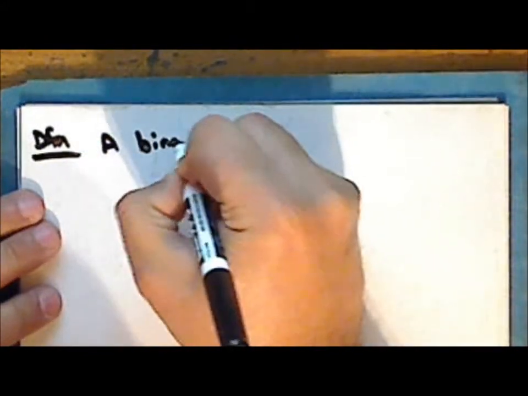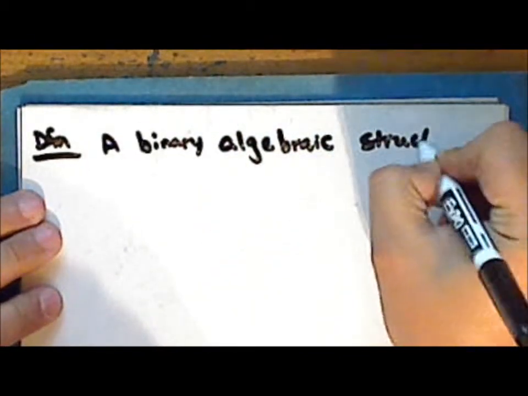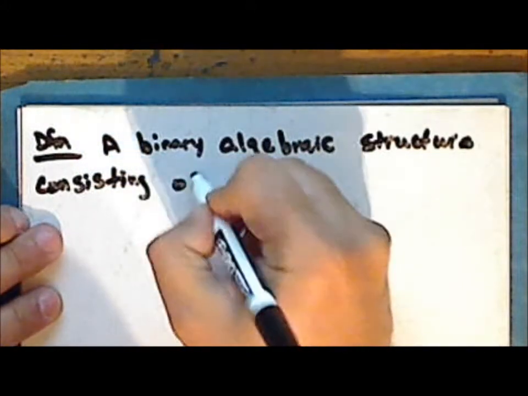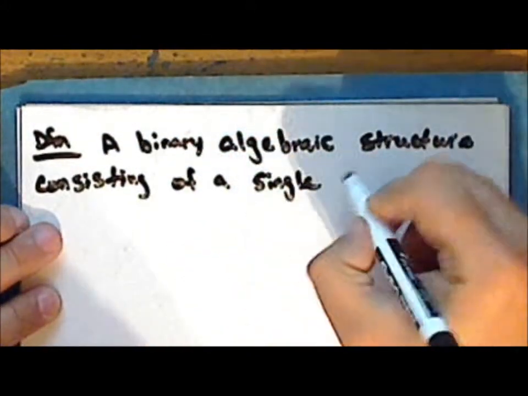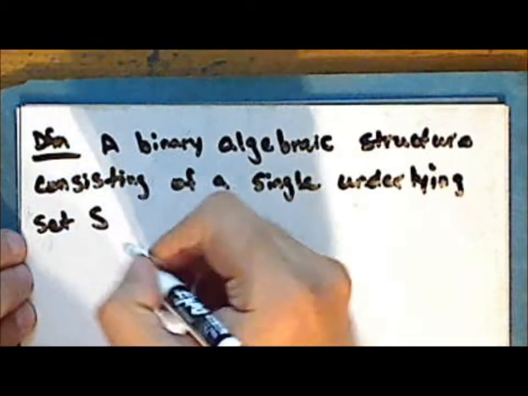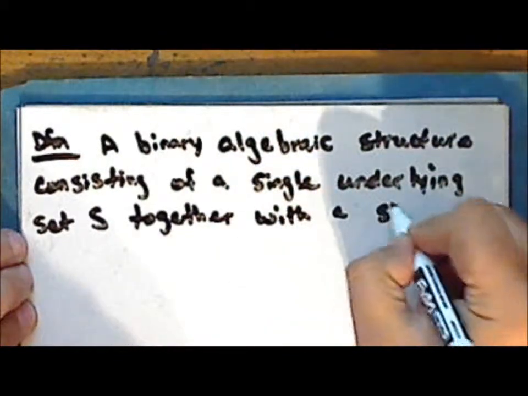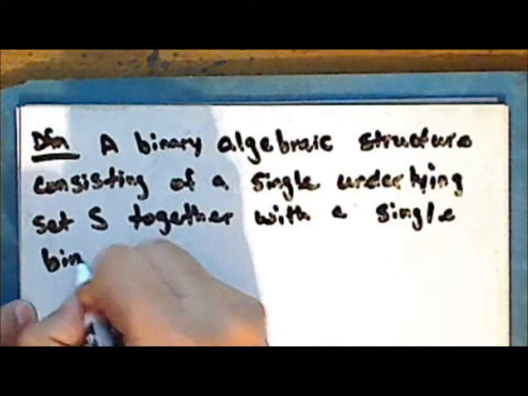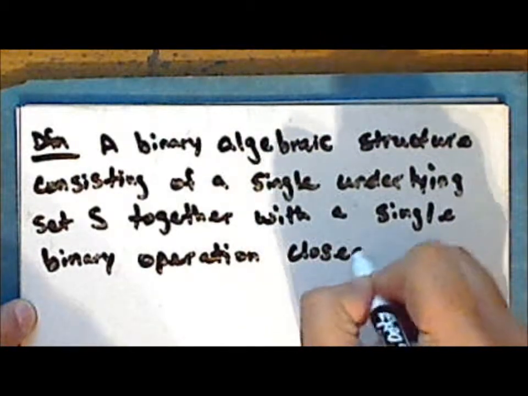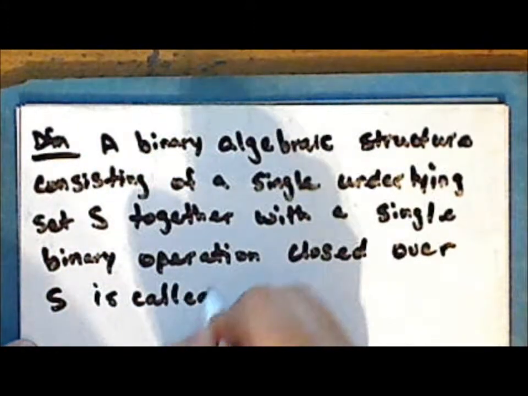A binary algebraic structure consisting of a single underlying set, and we'll call that set S, together with a single binary operation closed over the set S is called a magma.